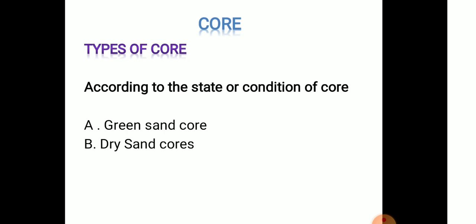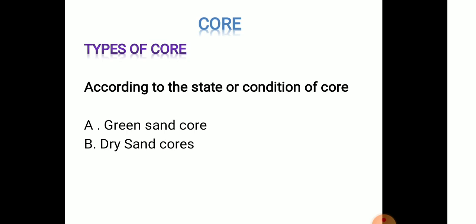An example is molding steel. Second one is the dry sand core. A dry sand core, unlike a green sand core, is not produced as a part of the sand mold. Dry sand cores are made separately and independent of the mold. A dry sand core is made up of core sand which differs very much from the sand out of which the mold is constructed.